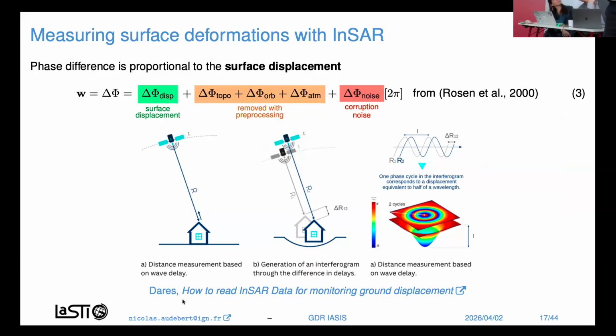And in this interferometric measurement, you have many components that are added that contribute to the change in the phase. Some of these components can be removed with pre-processing, but one of them, the corruption noise, we cannot really remove easily, and this results in displacement maps that are very noisy.